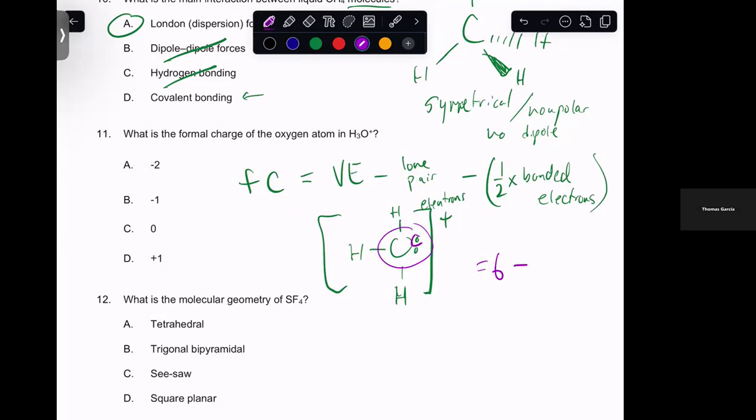The number of lone pair electrons is 2. The number of bond electrons is 6, and half of that is 3. So this is equal to 6 minus 2 minus 3, which is equal to 1. Formal charge is positive 1.